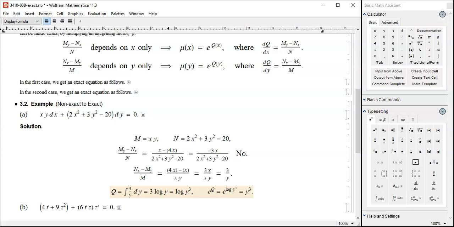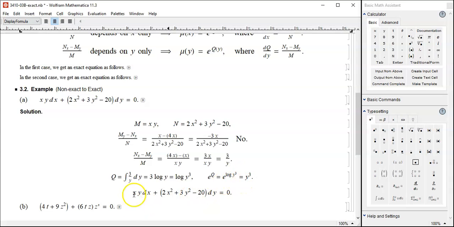And if I multiply y cubed to this equation, that's not going to change anything, then you're going to get an exact equation. So multiply by y cubed.